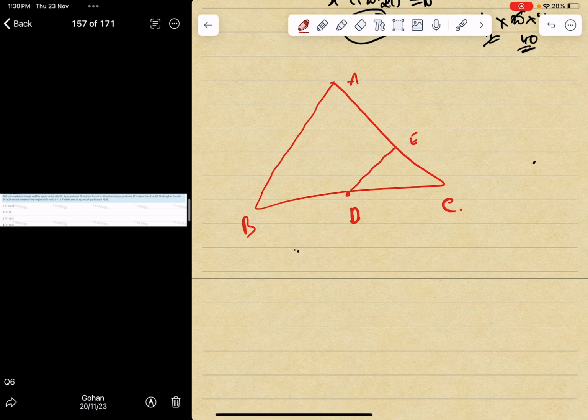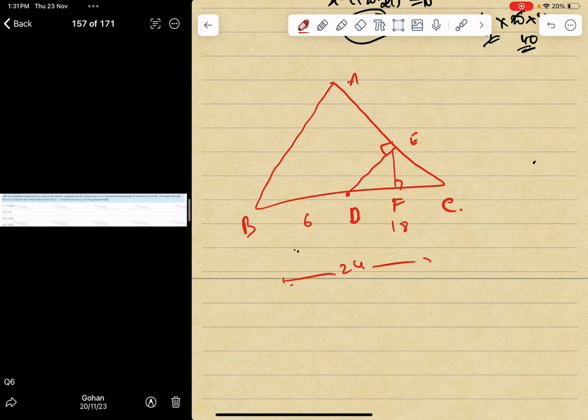Another perpendicular EF is drawn from E on BC. This is 90, this is 90. The length of side BC is 24, and BD to DC is 1:3, which can be written as 6:18. The question is to find the area of triangle ADB.